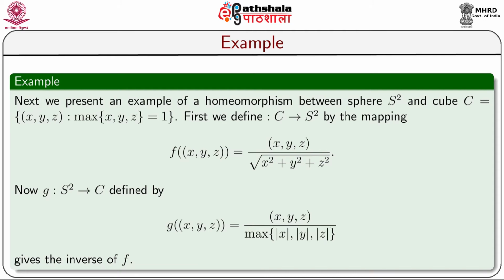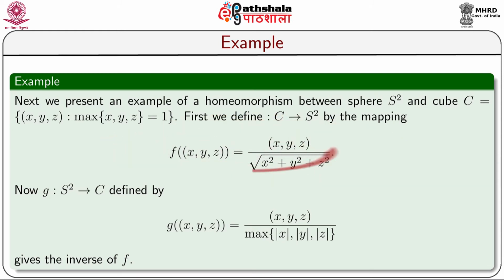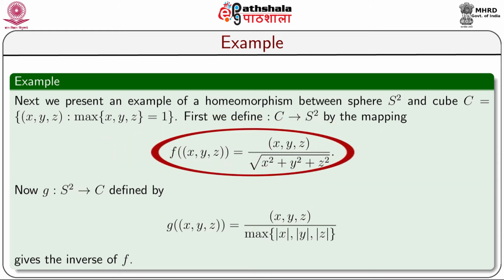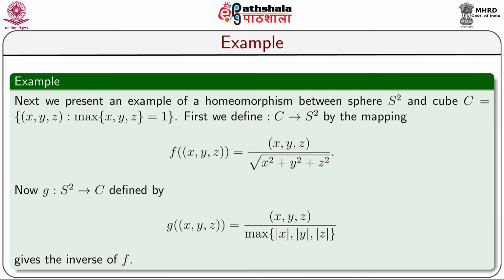We define the radial projection from C to S^2 by the mapping f(x, y, z) = (x, y, z) divided by the norm of (x, y, z), that is, the square root of x^2 + y^2 + z^2. So, this mapping radially projects a point from C onto S^2.